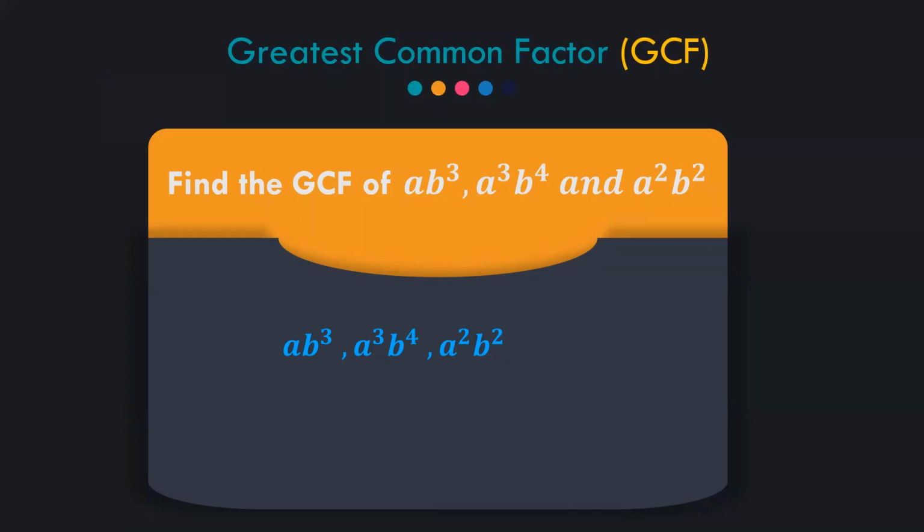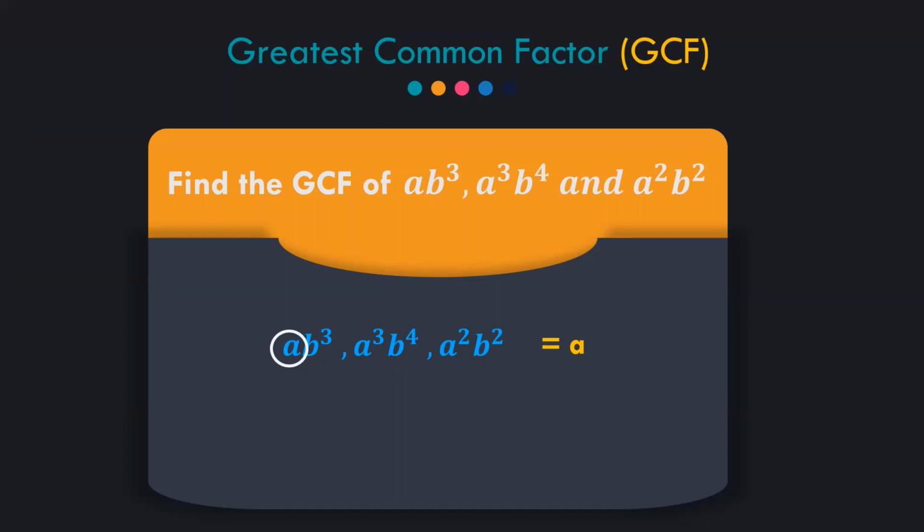So, sa first term, may a. Second term, may a. Third term, may a. Ibig sabihin, a is a common factor. So, factor out natin a. Now, ano ngayon yung pinakamababang degree ni a? And that is a or a raised to 1. So, therefore, ang GCF nila ay a.